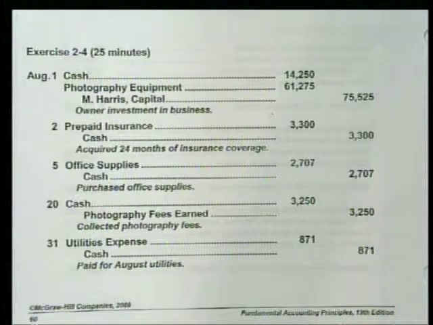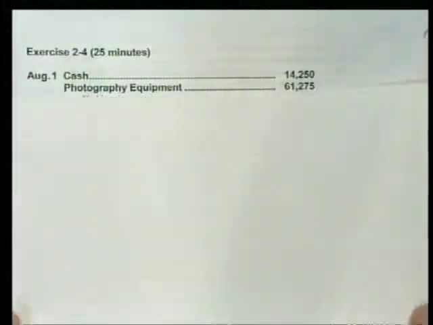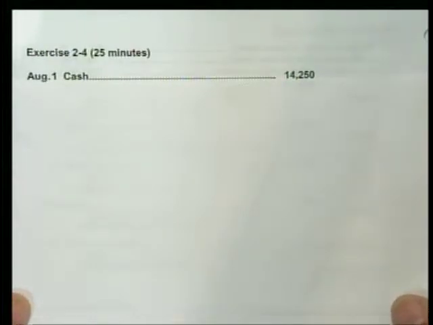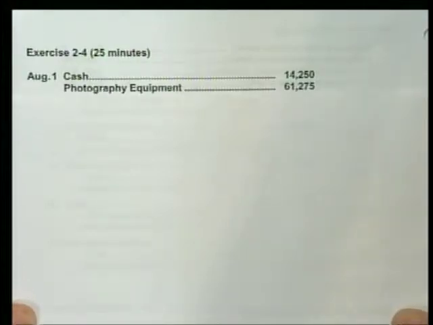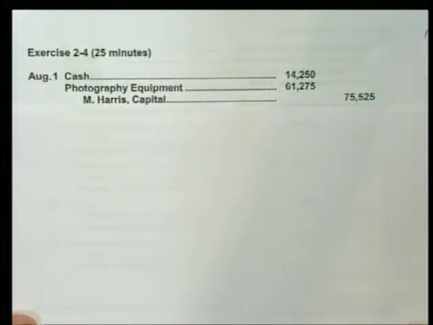Here's the way you post these to the T accounts or to the ledger. You go line by line. Go to the cash T account, and on the debit side, put $14,250. Then go to photography equipment. On the debit side, put $61,275. Then go to the capital account on the credit side and put that.